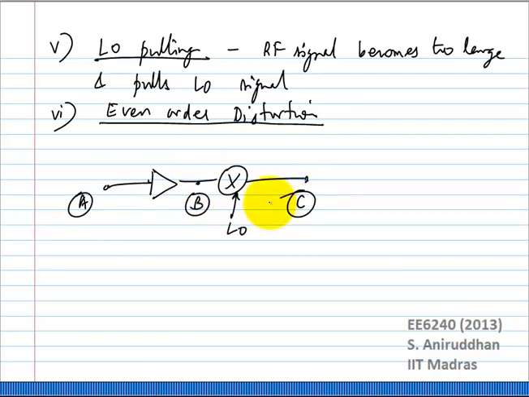I will call these three nodes A, B and C. Now, apart from your desired signal, if you actually have two large interferers, this is my desired signal.